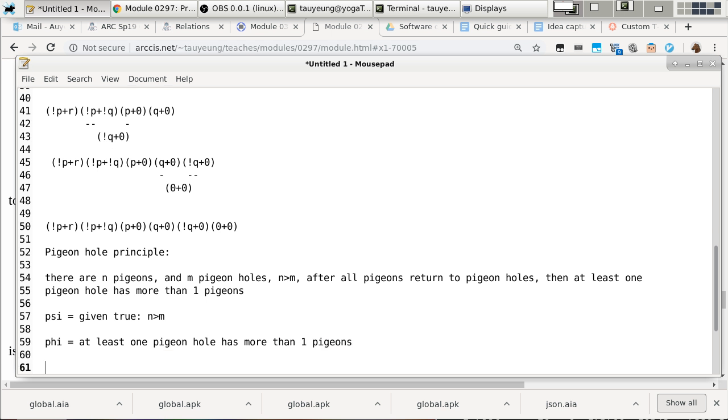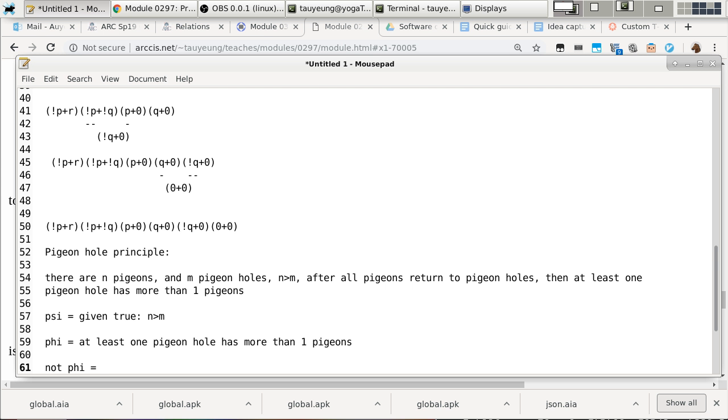So what do we need to do in proof by contradiction? Do you guys remember the flip side of this? What do we need to do when you want to apply the technique? You have to negate the theorem first. So when you negate the theorem, you have not phi. How do you negate this? What is the opposite of saying at least one pigeonhole has more than 1 pigeons?